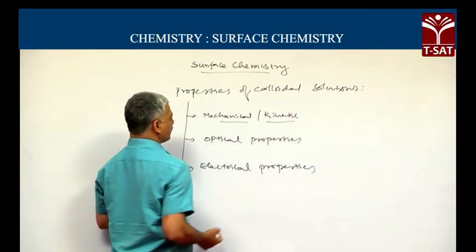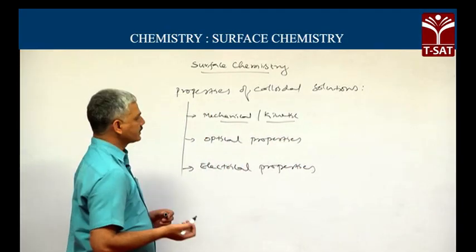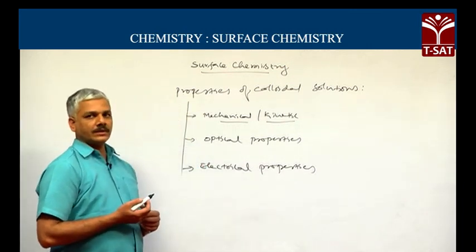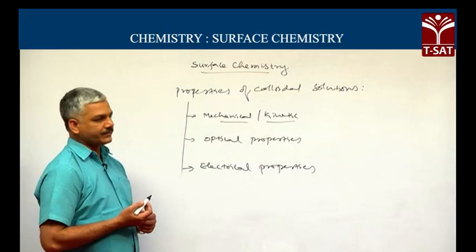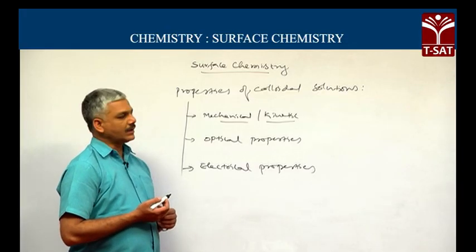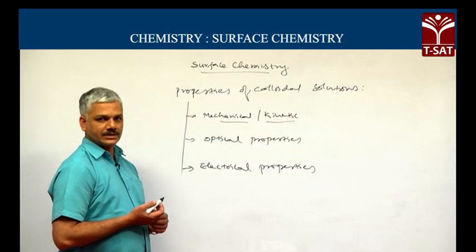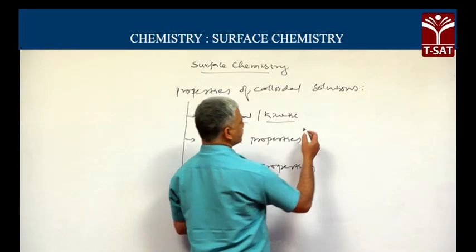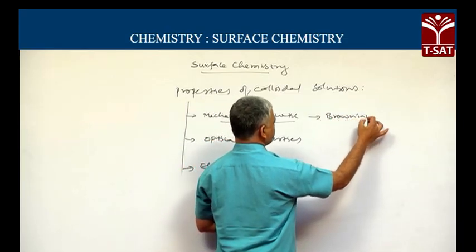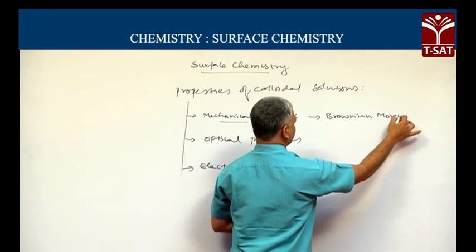In mechanical or kinetic properties, we see about movement of colloidal particles. The colloidal particles will be continuously moving without any specific direction, and that directionless movement of colloidal particles is known as Brownian movement.